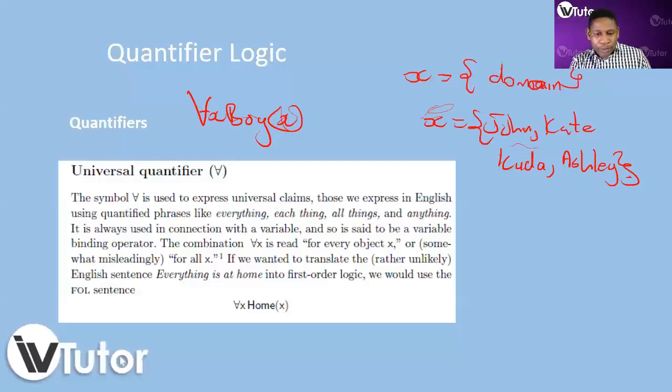We express in English using quantified phrases like everything, each thing, all things, anything. So all elements, or simply all. This is going to say all X are boys, or rather it will just say all boys. We have all boys in the set.